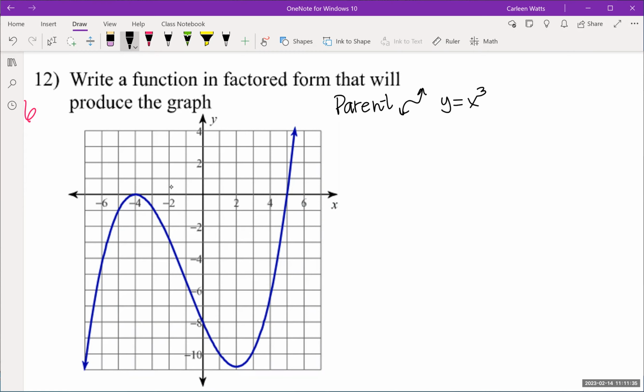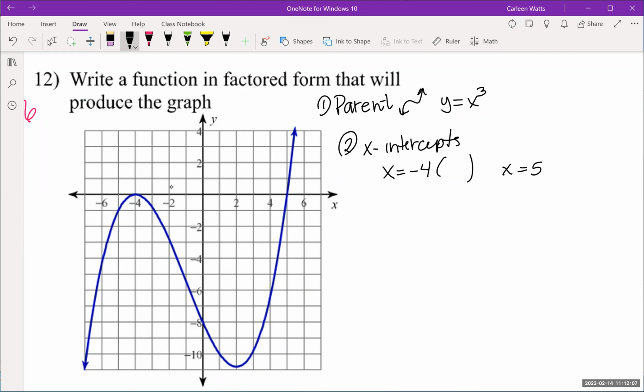Okay. Now, x-intercepts. X is equal to -4 and x is equal to 5. Wait, but it's exponent 3 and I only got 2 intercepts. What shall I do? I'm expecting 3 intercepts.